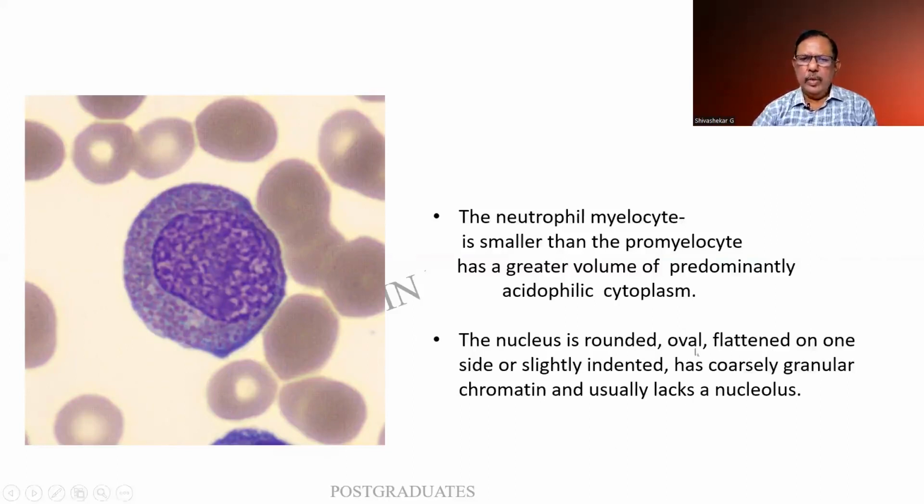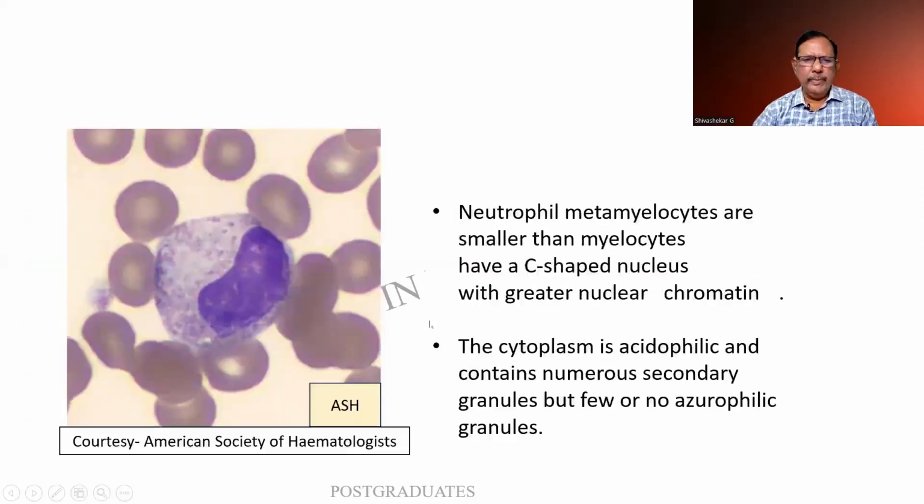The flattening and the oval contour I have told you. No nucleolus. And there is an indentation that you see in a metamyelocyte. And finally, there is a C-shaped nucleus. The cytoplasm progressively becomes more and more acidophilic, courtesy American Society of Dermatology.